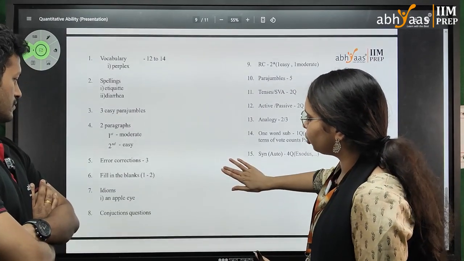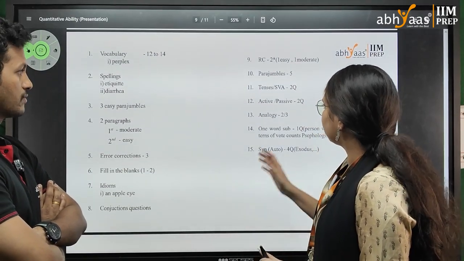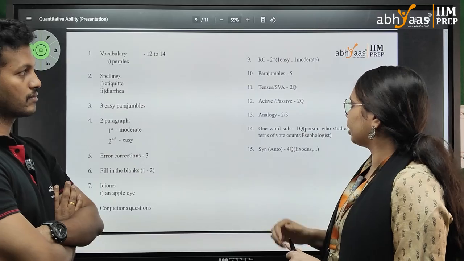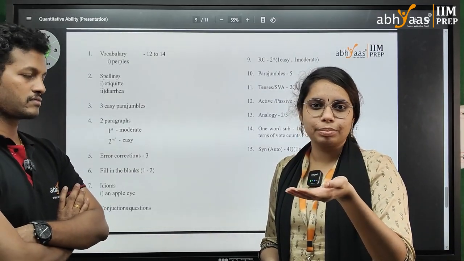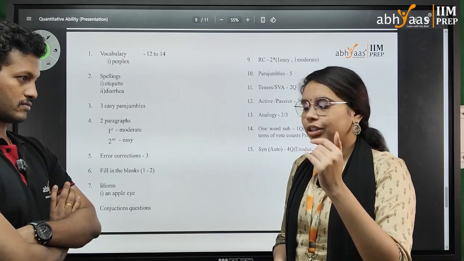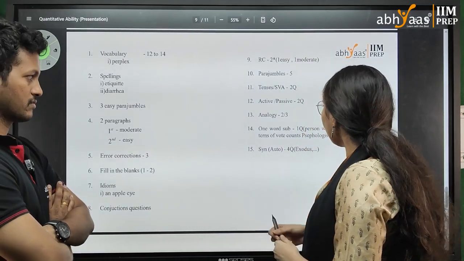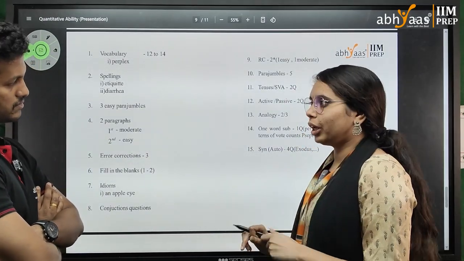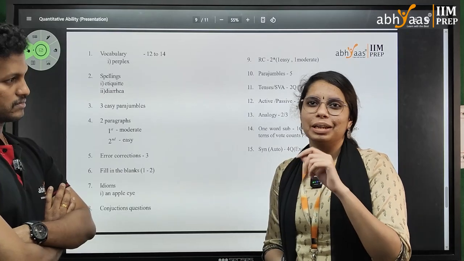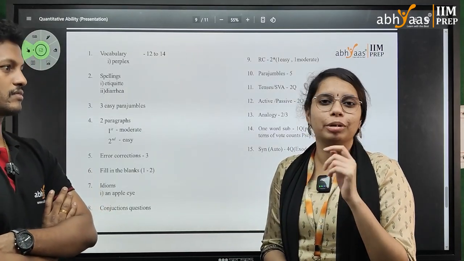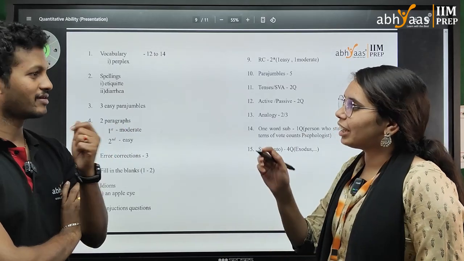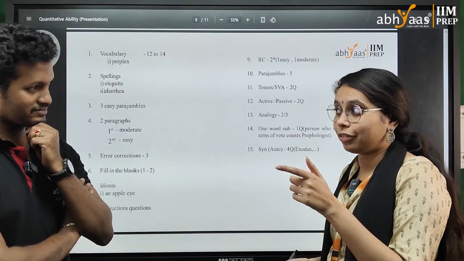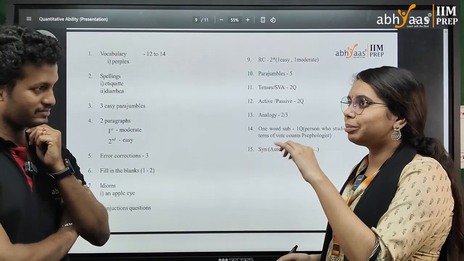When it comes to error corrections, tenses and subject verb agreements, they were pretty easy, like present participle and present continuous tense. Okay, but when it comes to analogy, I think this time students said, ma'am, we need a little bit of GK. That's always the case, Chanakya question. Yeah, Chanakya belongs to India, but Marie Curie belongs to, that was a bit of a GK thing.